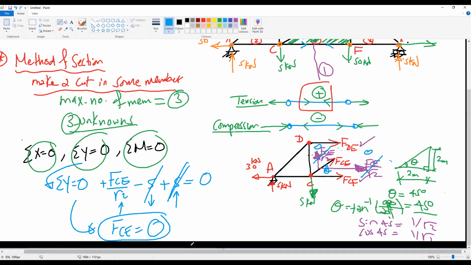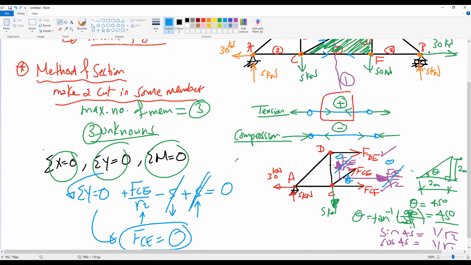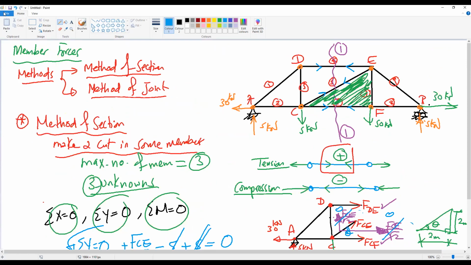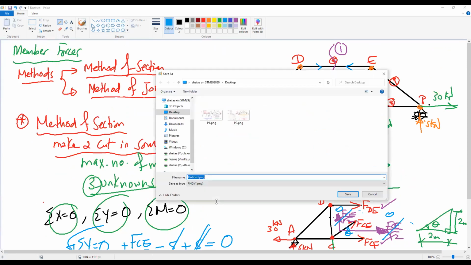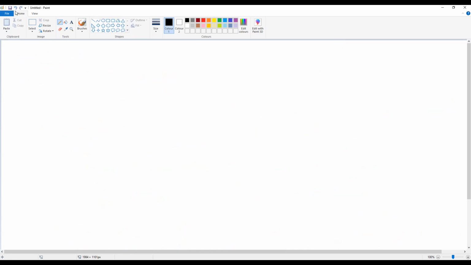So we find the force in the diagonal member is 0. Then what we can do? If we draw this again here, this part.